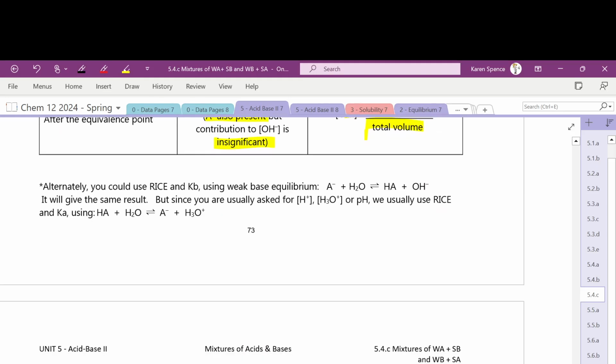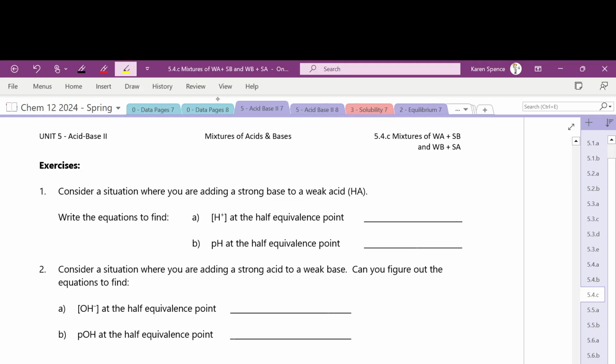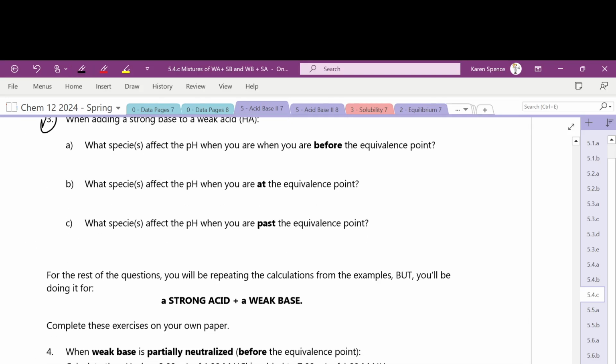Okay, so that's it for that. There are some exercises here. I'm going to circle the ones that you should do, because you don't need to do all of them. That one, that one, that one, 1, 2, and 3.